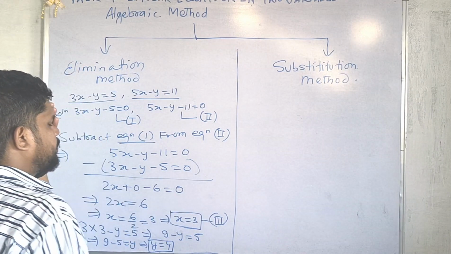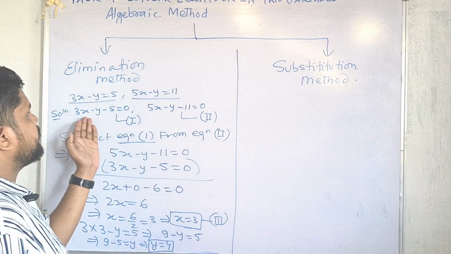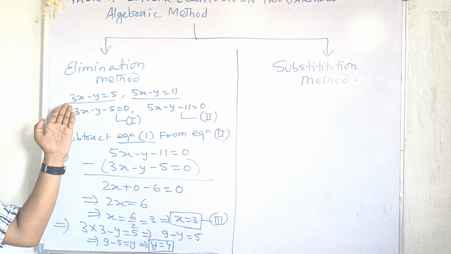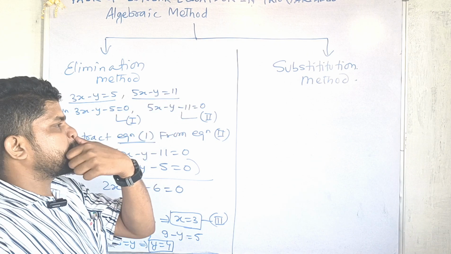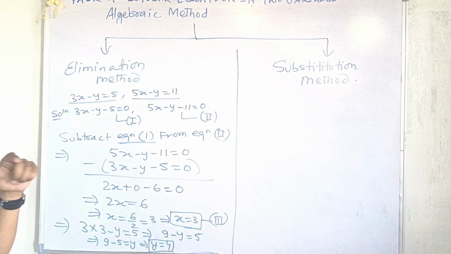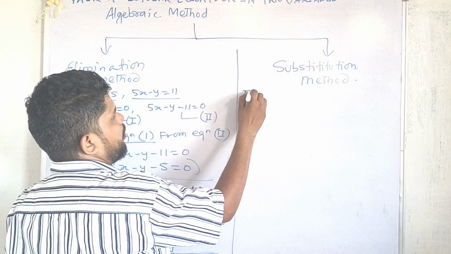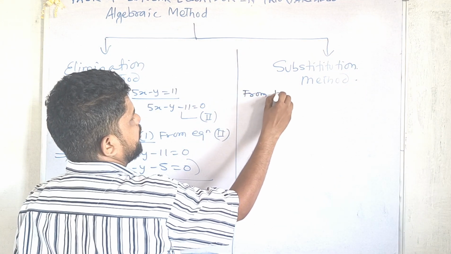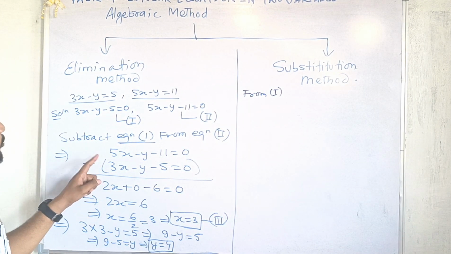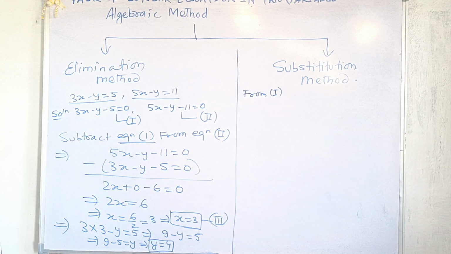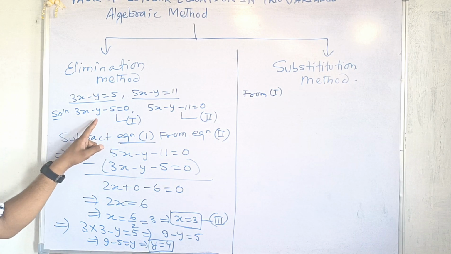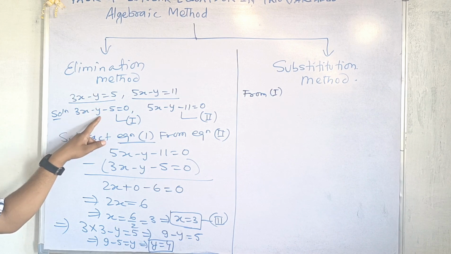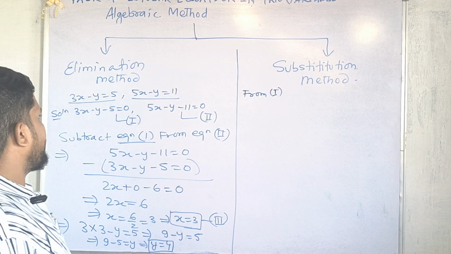Now what we will do, we will solve the same question, that is the pair of linear equations, using the substitution method. Okay, so from equation 1, this is our equation number 1, can I shift this minus y to the RHS?